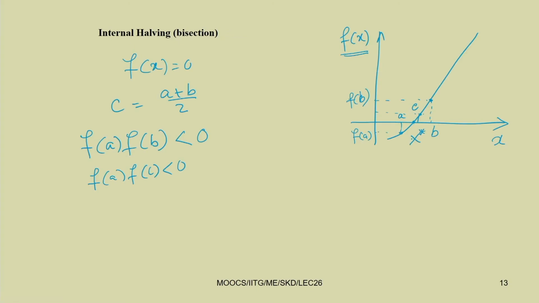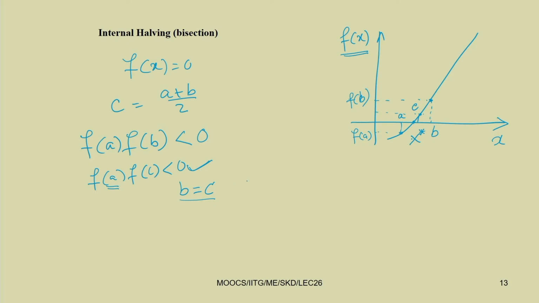So, we have to take the side where the C point can be determined. For the next point, we keep the A point as A, and we update the B point equal to C. So, the next updation will be B equal to C. To get the next point, between A and C we have to write this.